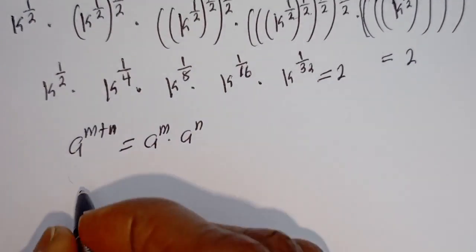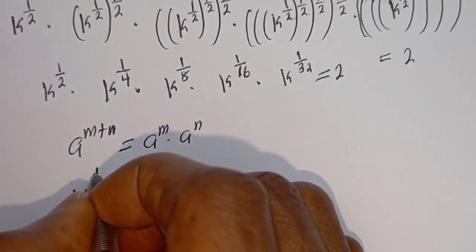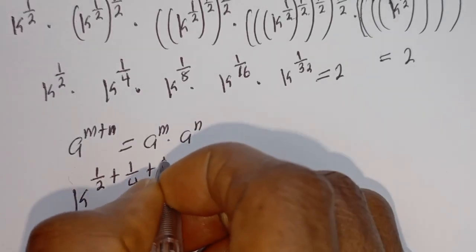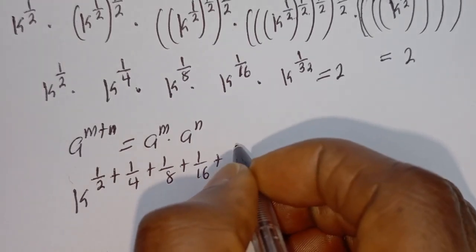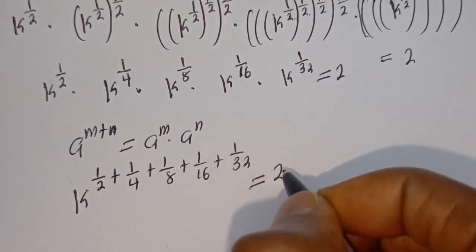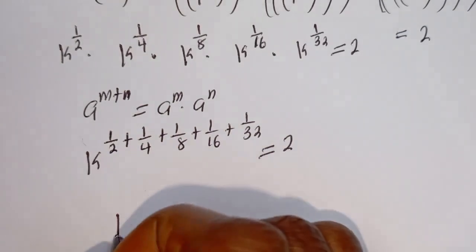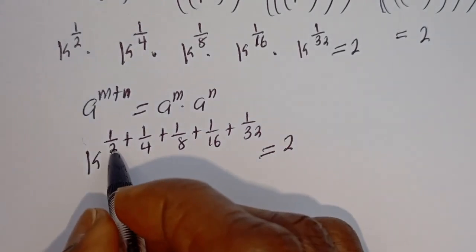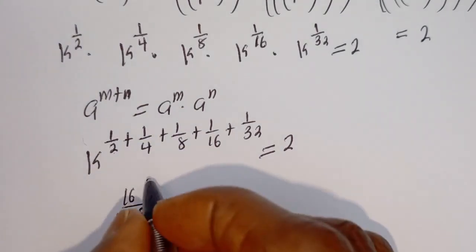Then this can be written as k to the power of 1 over 2 plus 1 over 4 plus 1 over 8 plus 1 over 16 plus 1 over 32 is equal to 2. Then the LCM here is 32. We have k to the power of, here is 32. Then 2 in 32, that is 16. If you multiply 16 by 1, you get 16.